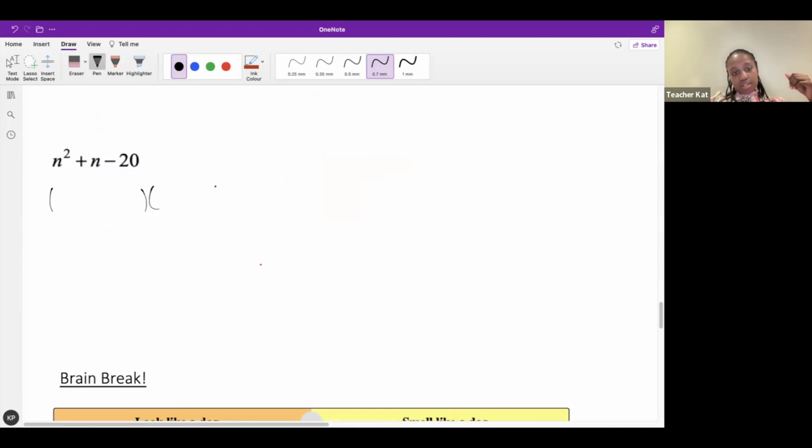I think we have one last one, quickly. 2 brackets. What are my first terms going to be? How do I get n squared? That is n and n. First symbol. What is my bracket's first symbol going to be?